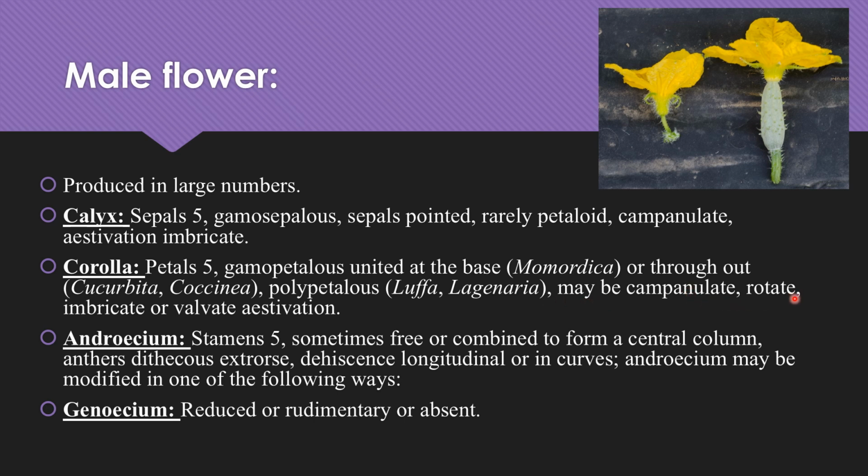May be campanulate shaped and imbricate aestivation, or sometimes valvate aestivation is also present. Androecium consists of 5 stamens, sometimes free or combined to form a central column. Anthers are 2-celled or dithecous, and all the anthers are extrorse. Extrorse means they open outward, and dehiscence is longitudinal or in a curve.